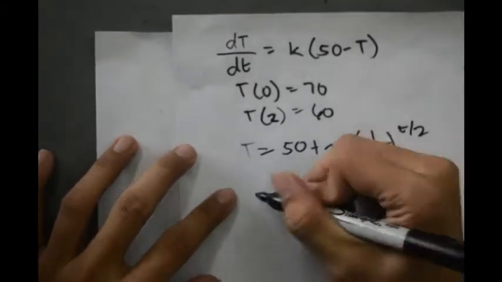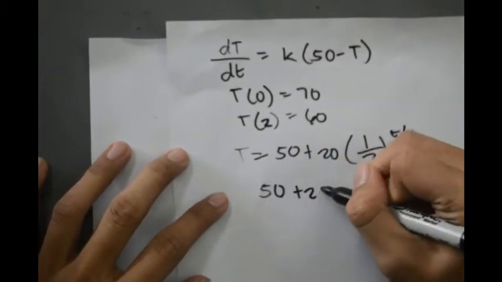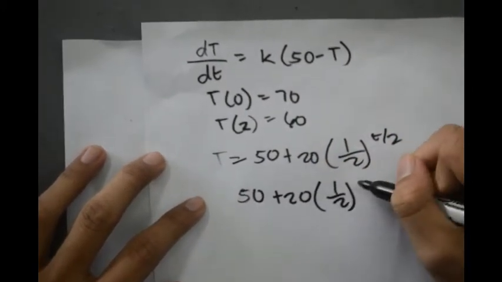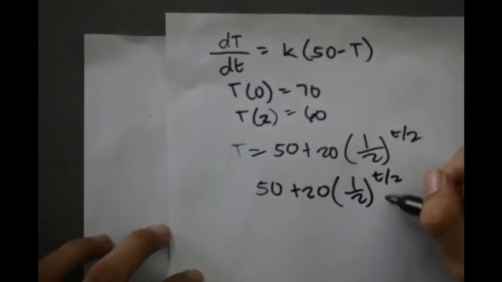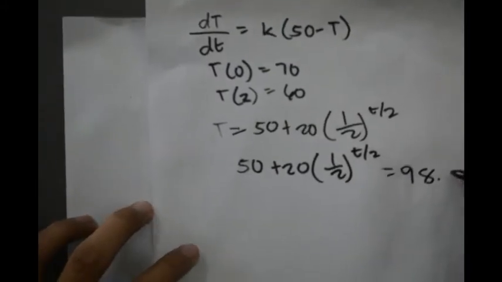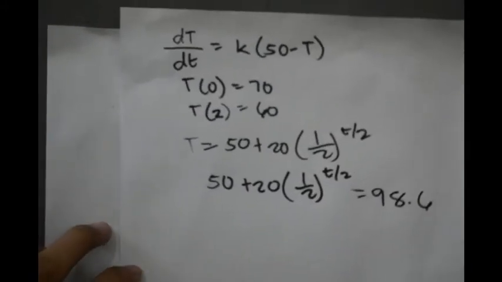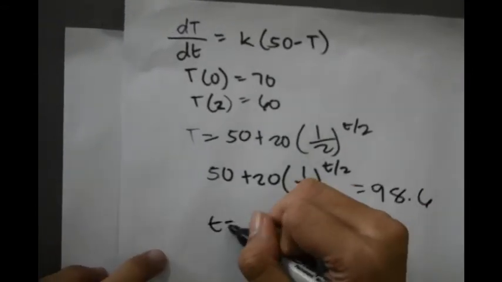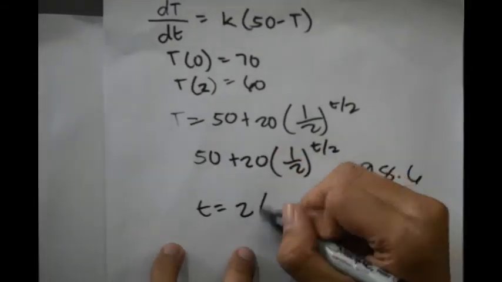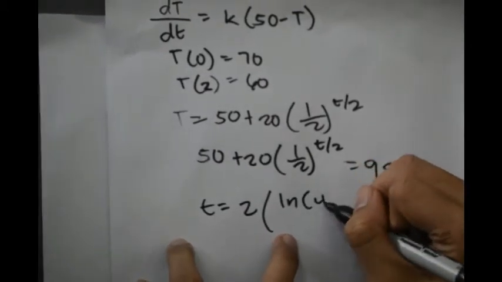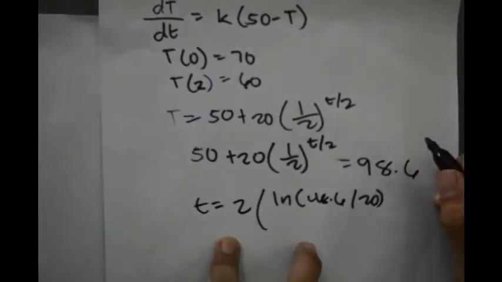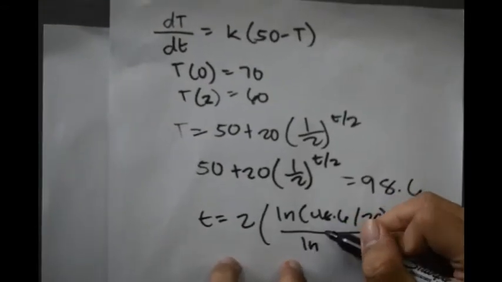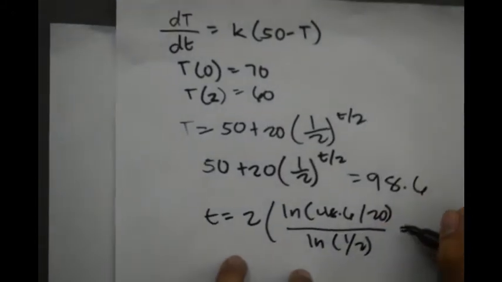Solving the equation 50 + 20 (1/2)^(t/2) = 98.6 gives t = 2 ln(48.6/20) divided by ln(1/2), which is equal to negative 2.56.